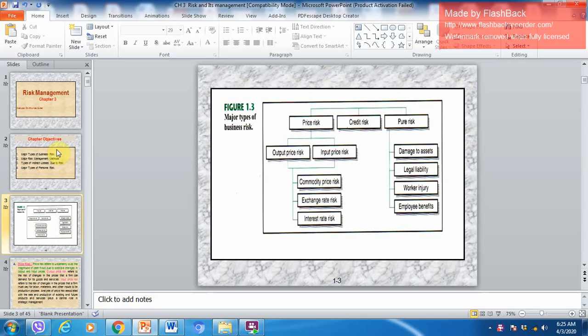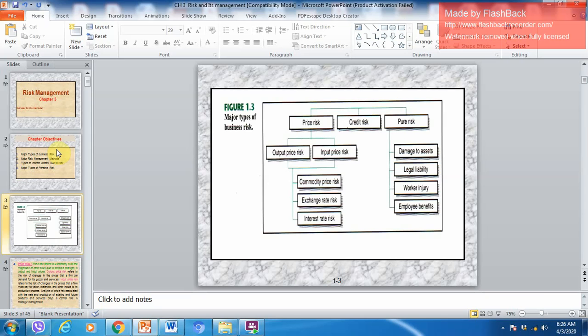These reasons can be low buying power of the consumers, or the quality of the product not being up to the mark. So the customers are not ready to pay the price that you set for the product, and all these come under output price risk.